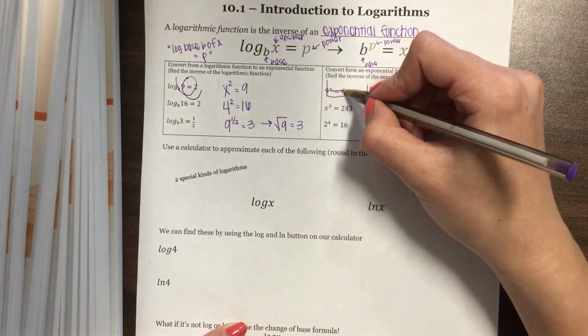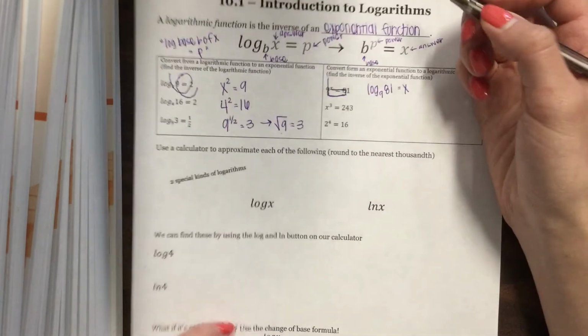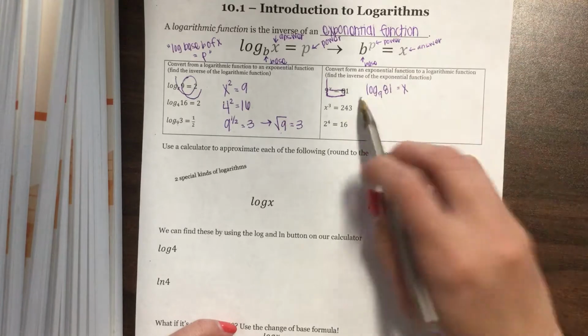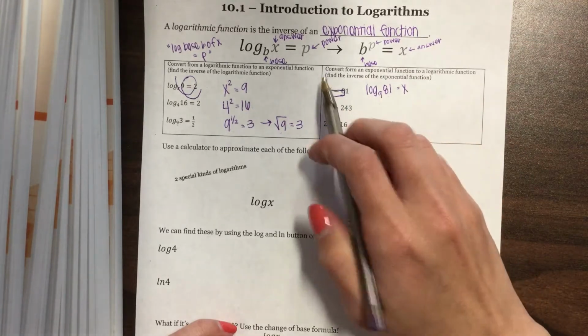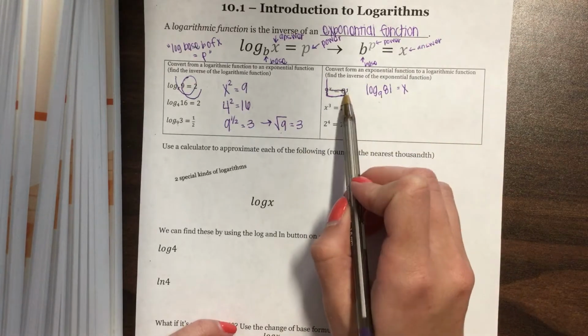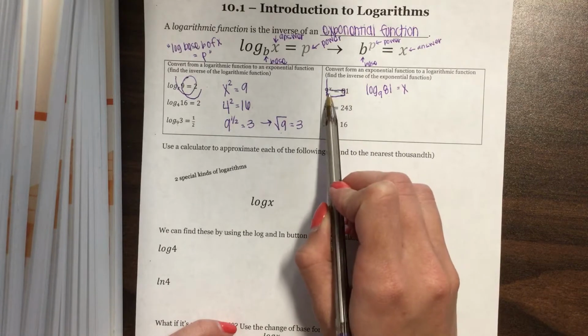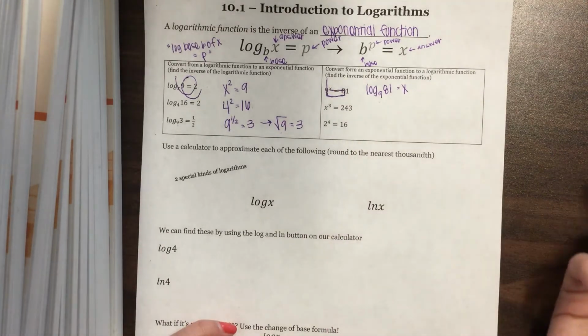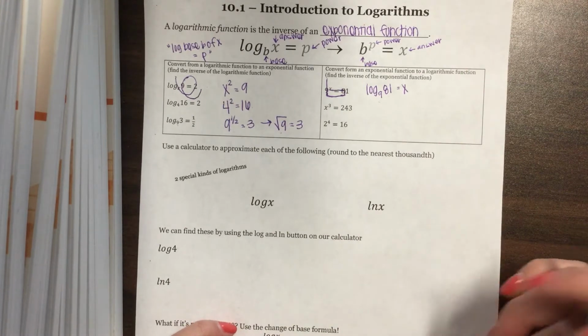It's kind of a weird L. I think there's a better way to do that. But so log base 9 of 81 equals x. And see how that kind of made an L? Anyways, if that L thing doesn't work for you, then don't do it.